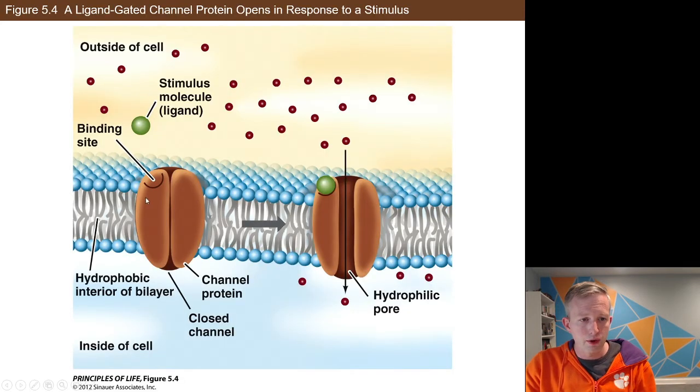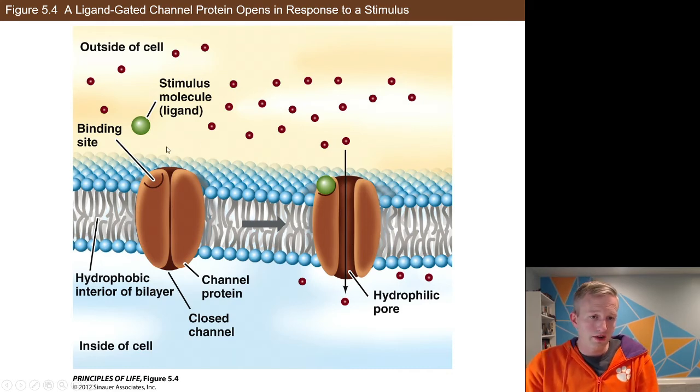So here's an example of one of these channel proteins, and here you can see it's closed. This is a cool benefit of using these proteins in this way, that because proteins are so specific to shape, their functionality can be activated or deactivated by creating the condition that allows for the particular shape that lets the thing happen. And so here we have a closed channel which waits for this little signal molecule to land here.